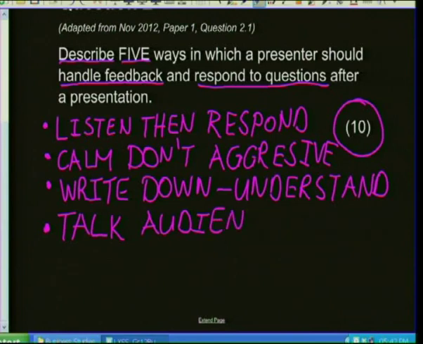Now, we have 4 points already. Let's think about another one. If someone asks you a question, it's very important that you give him the utmost information that you can. But it's also important, if you don't know the answer to a question, that you're not going to lie. You're not going to stand in front of the audience and pretend that you know the answer.